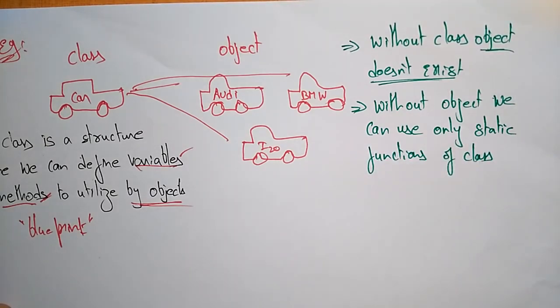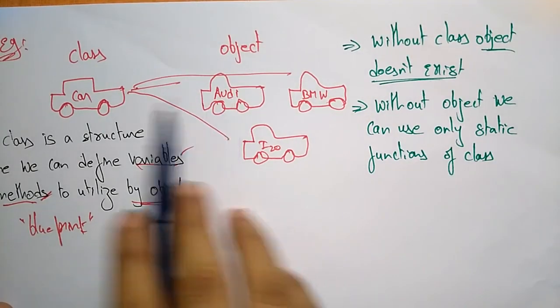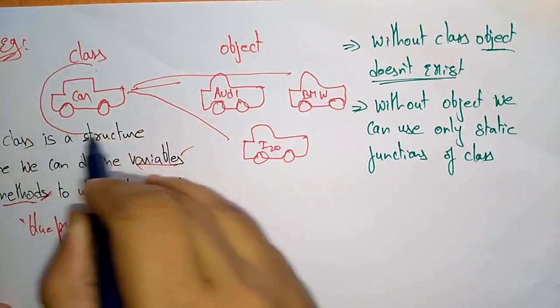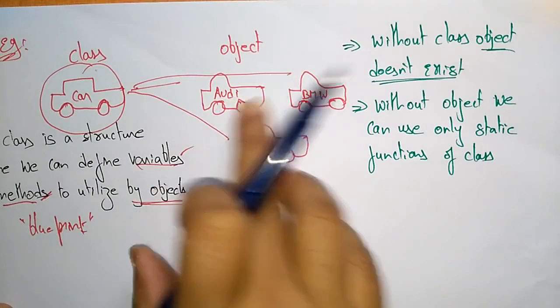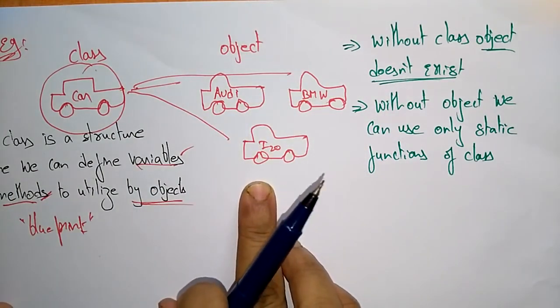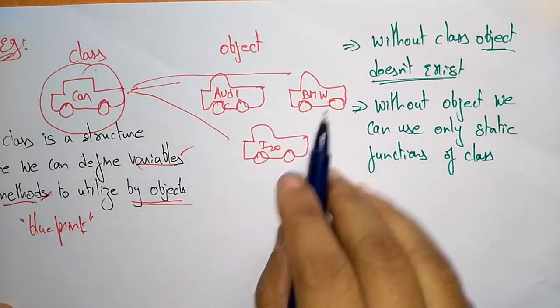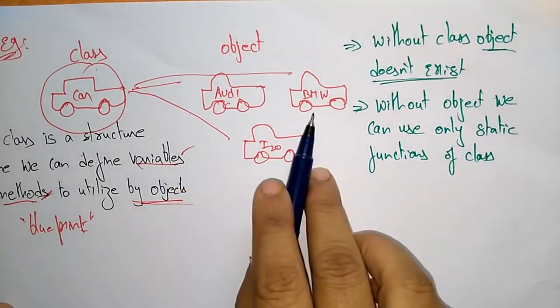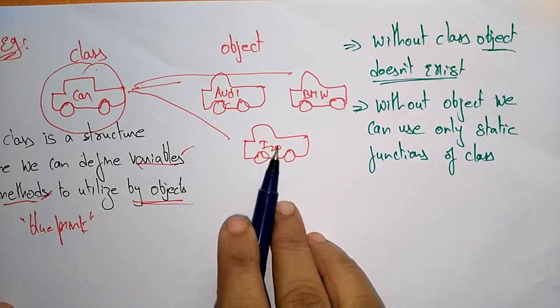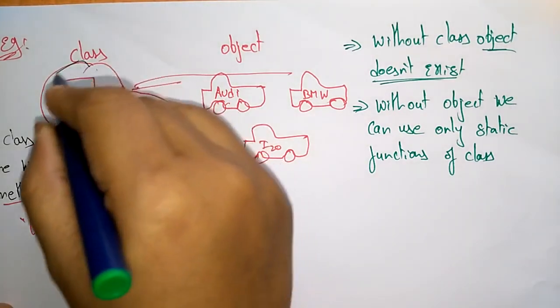What does it mean? So I said without this class car, these different versions do not exist. Without objects means here this Audi, BMW or i20 are different objects. Without the objects, we can use only static functions of car.